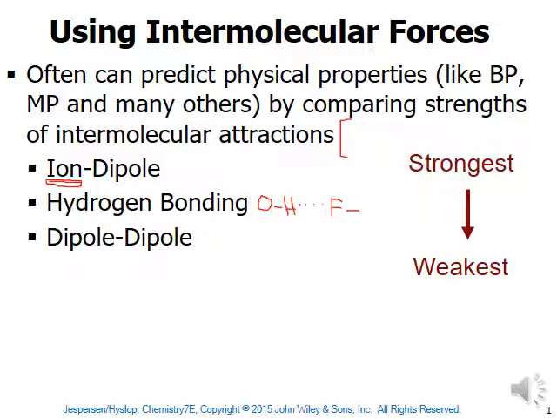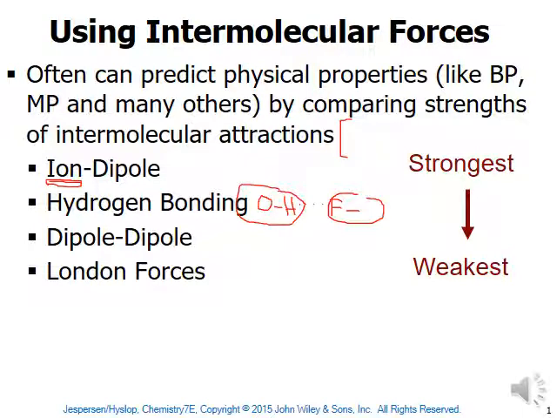This is attached to a molecule, so this is a molecule over here and a molecule over here, and the attraction between them is a dipole, but because it's the hydrogen to the fluorine, it's a hydrogen bond. A dipole is a dipole, but you can have dipoles that don't have hydrogen bonds in them.